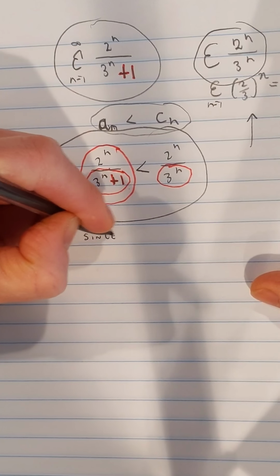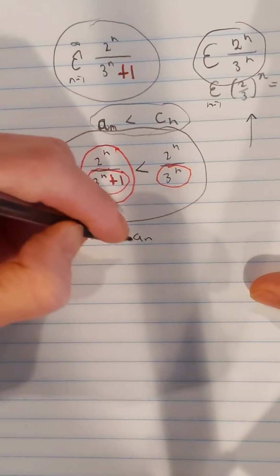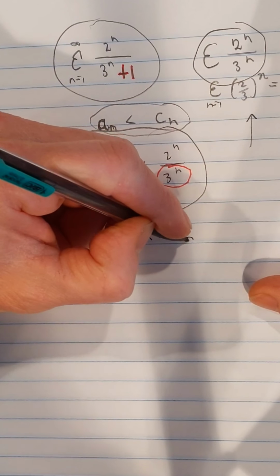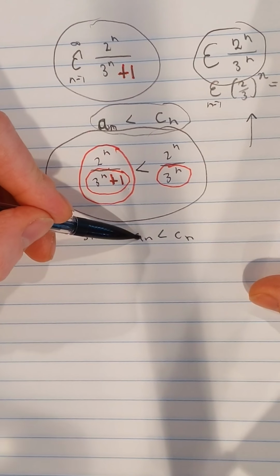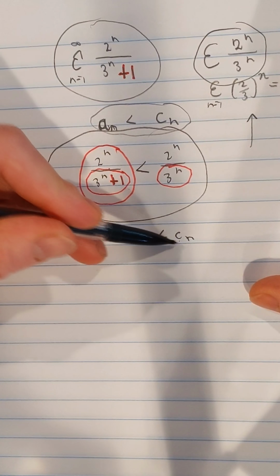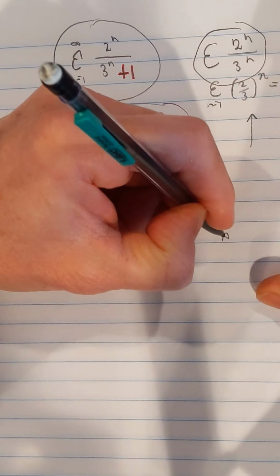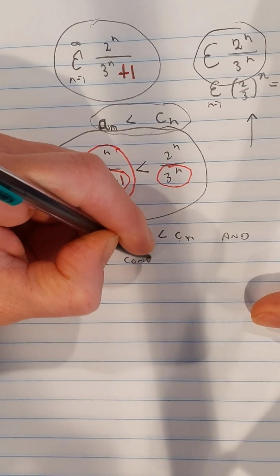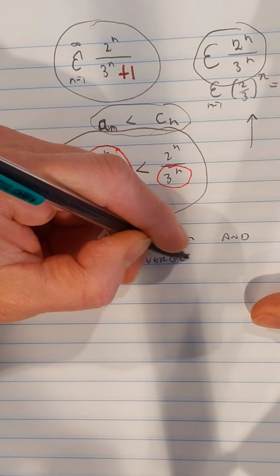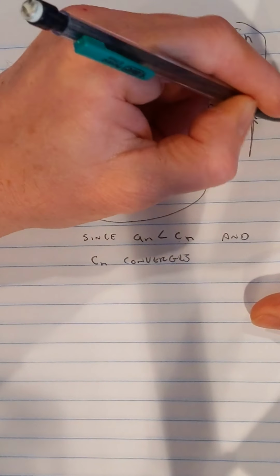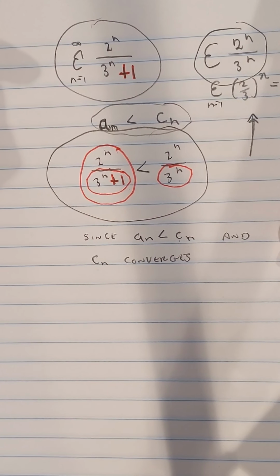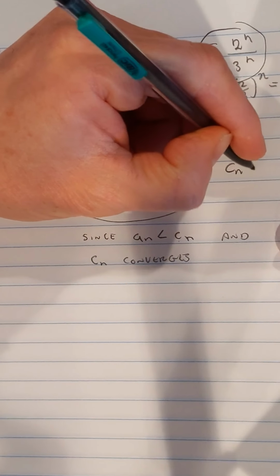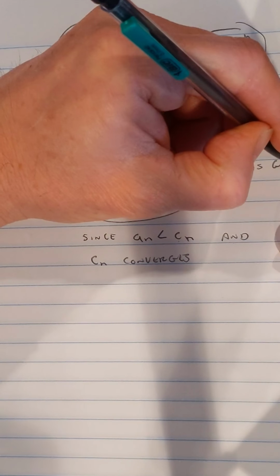Since a sub n is less than Cn, a sub n is trapped below this guy. Since it's trapped below and Cn converges, which I just showed you here, I have an r that's 2/3. It's geometric. Cn is geometric and converges.